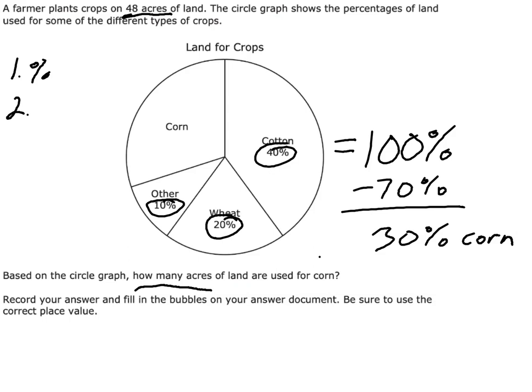Now, we can't multiply with a percent. We can add and we can subtract. We cannot multiply with a percent. So we have to convert the percent to decimal. So we take 30%. We're going to divide that by 100. And we're going to drop the percent.